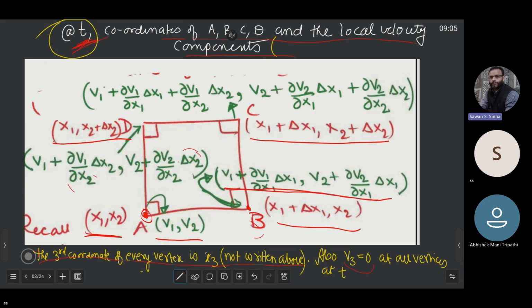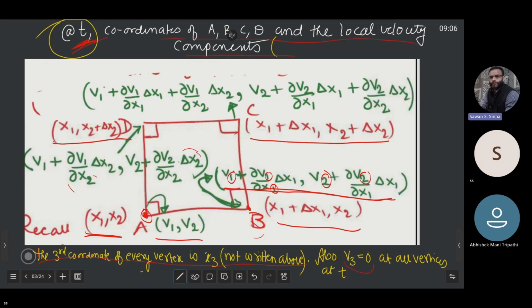So this is truncated Taylor series up to first order. During the online lecture, I was trying to highlight why these indices are what they are. So this is v1. I am trying to look at the first component of velocity. That's why I have v1, one here and one here.